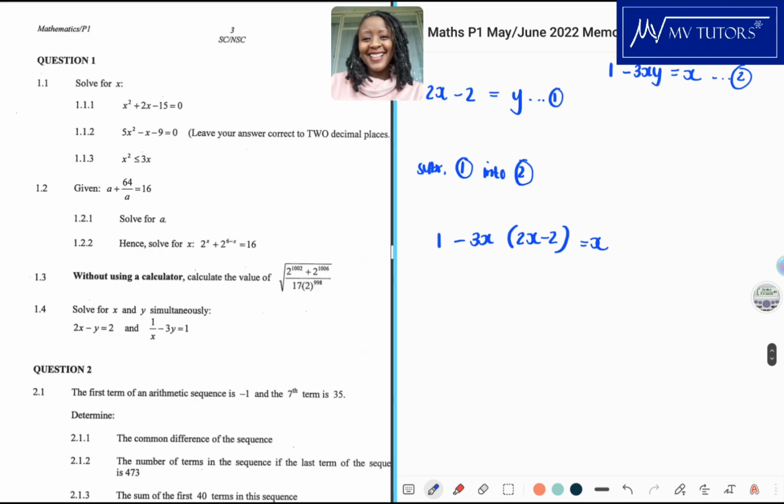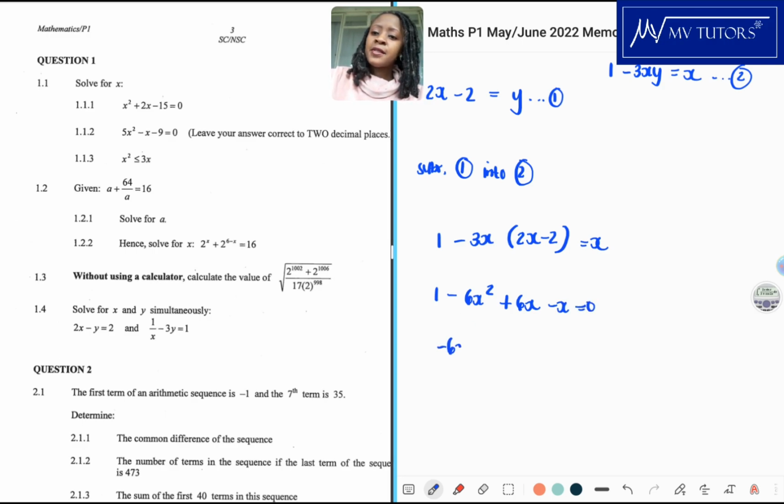Okay, 1 minus 6x squared, alright, and then plus 6x. Now, when you solve simultaneously, you can make silly mistakes, so let's just make sure we're doing the right thing. And then we are subtracting x, and it's going to be equal to 0.